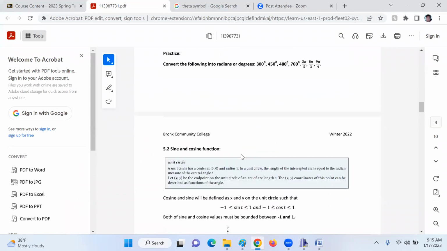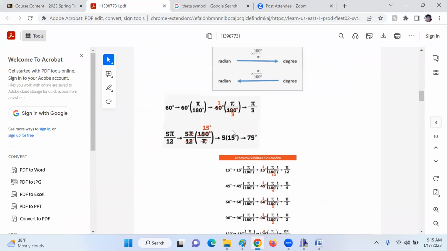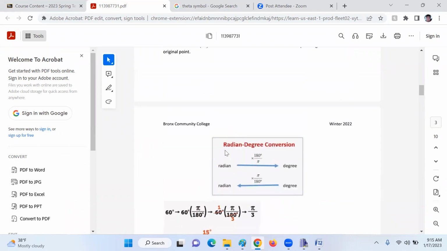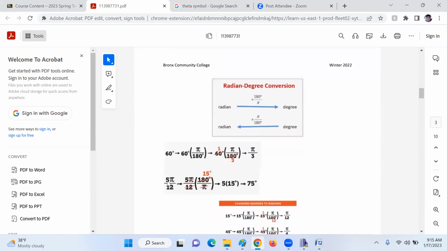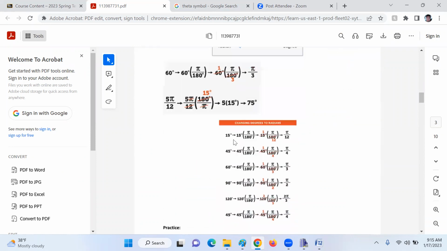And then we have learned how to convert from radian to degree and from degree to radian. Basically, let's say we have 15 degrees, so we multiply by pi over 180. That essentially gives you pi over 12. Converting from degree to radian is actually harder because we need to simplify.